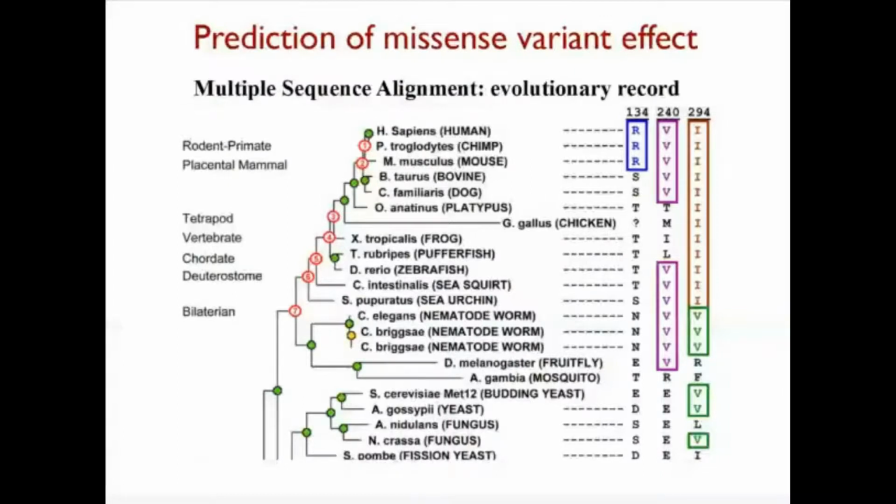And if it were detrimental or damaging, it would not be fixed and would be purged by natural selection. So this is to some extent the site-specific conservation, not just the overall conservation of this position, but conservation that tells you basically what amino acids are okay at this position.